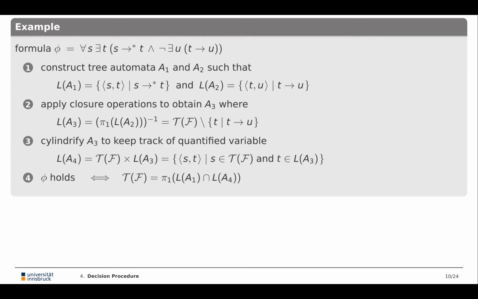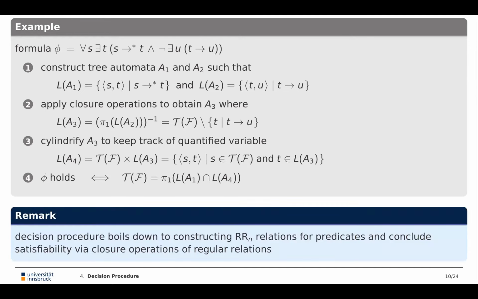If it is, then the formula holds. So in other words, the decision procedure boils down to constructing these RR2 and RRn relations in general in a bottom-up way, and then combining these using closure operations. And on the outermost automaton, we check emptiness to determine if the formula holds or not.